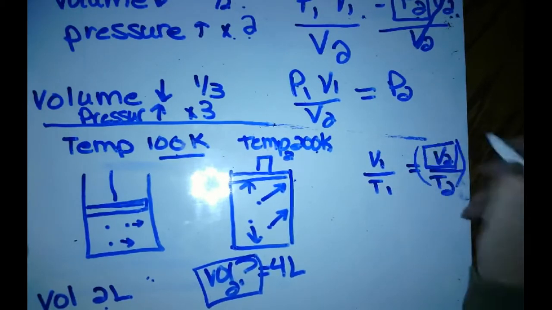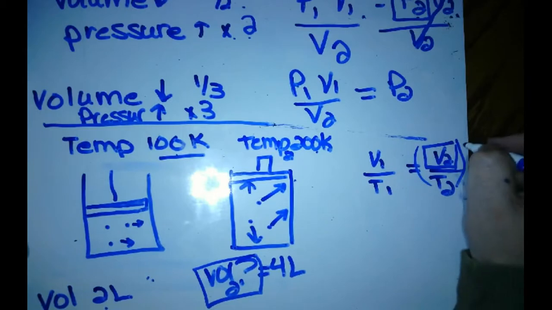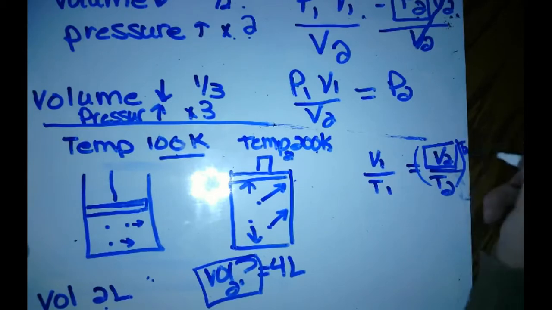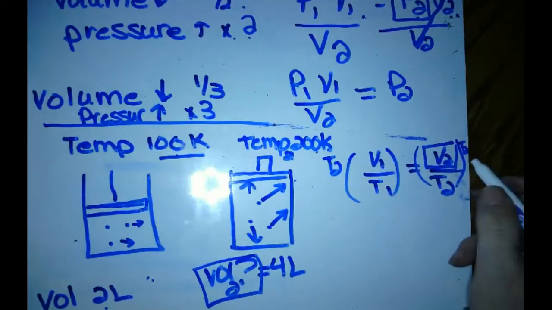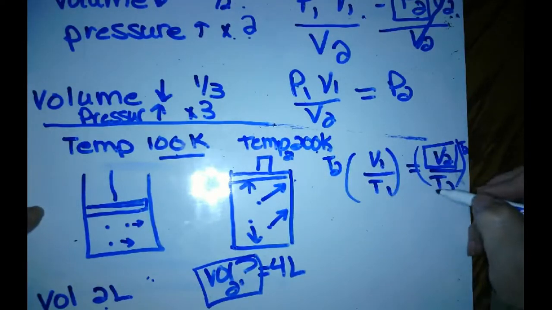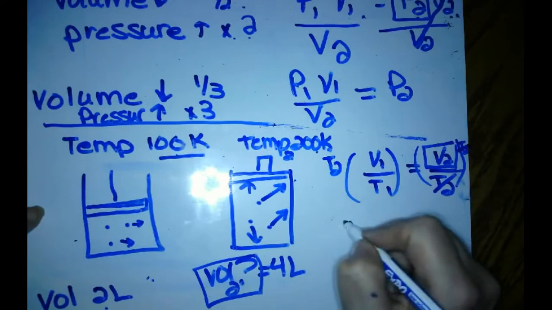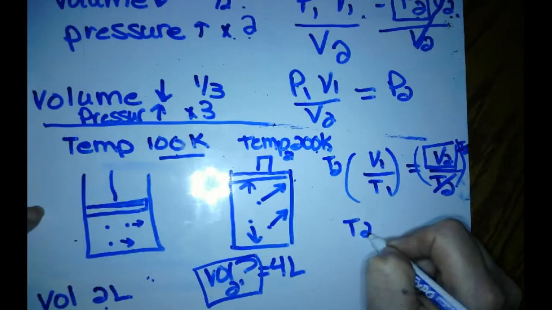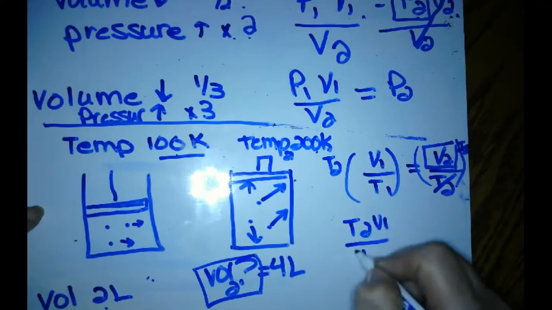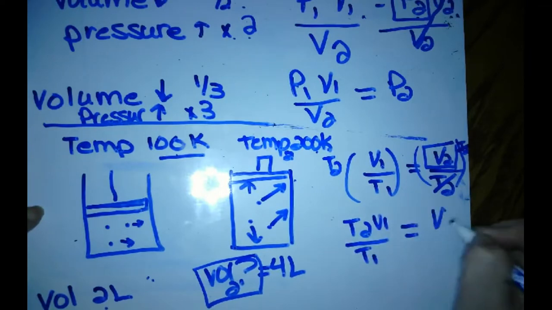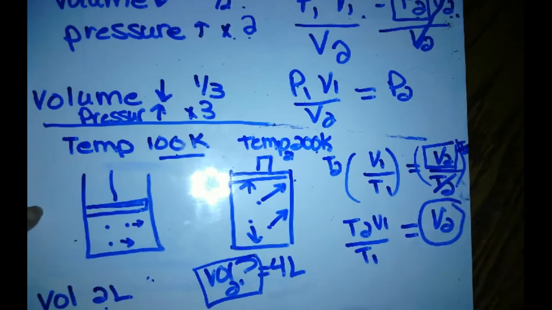I have to multiply everything by temperature 2, which means I have to do it to this side as well. Now, my temperature 2 gets crossed out here, and I have T2 V1 over T1 equals my volume 2. I've got my volume 2 alone. That's what I'm solving for. And now I would plug in my variables.